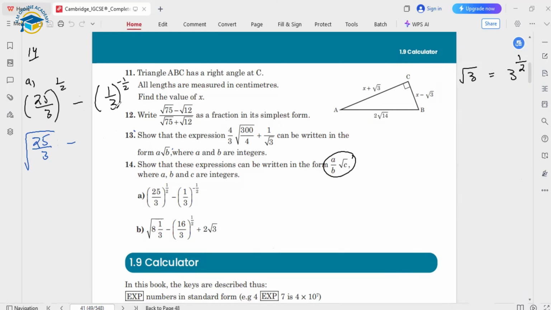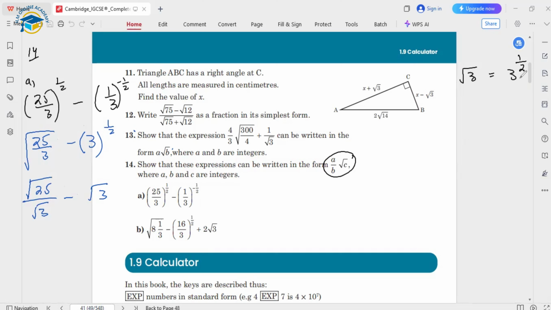And for this, 1 over 3 is given. If you flip it, like 3 over 1, you can make this negative 1 over 2 positive. I'm just writing 3 and 1 over 2. Even this is 3 by 1 as well, so you can just skip this 1 from the downward side. Okay, so let's simplify it further. This will be square root 25. I'm just making them both separate with the surds, and square root 3 here as well.